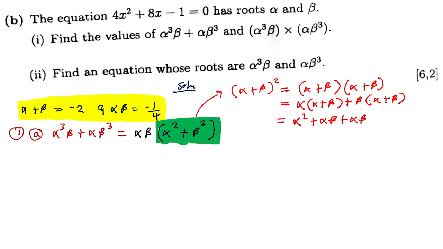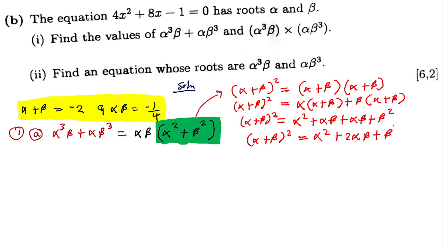Remember, this side is alpha plus beta squared, this side is also alpha plus beta squared. These can be written as alpha plus beta squared is simply equal to alpha squared plus 2 alpha beta, because they are like terms, plus beta squared.